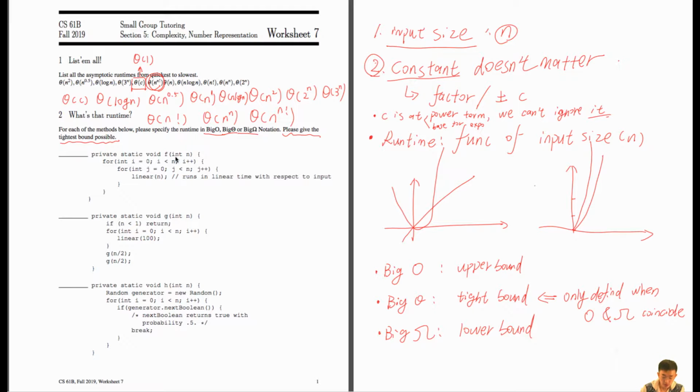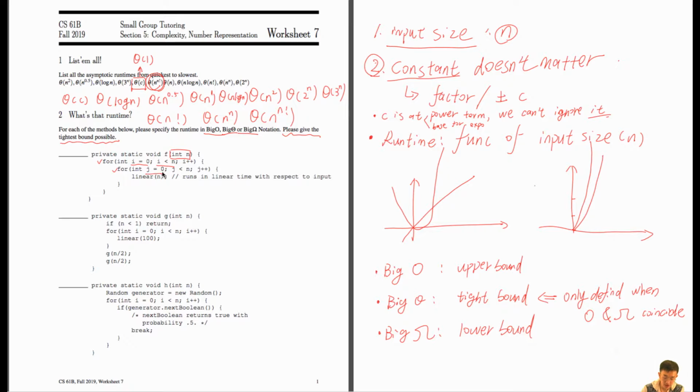The first question is we take an input n, which is the value n, and then we have two for loops. The first for loop is iterating from i equals 0 to i less than n.